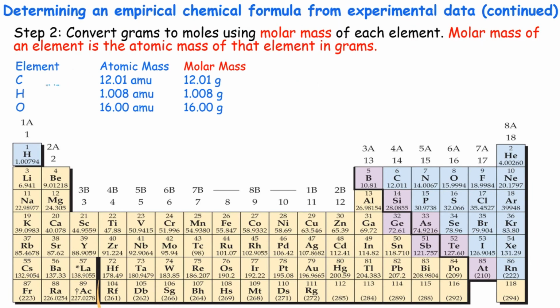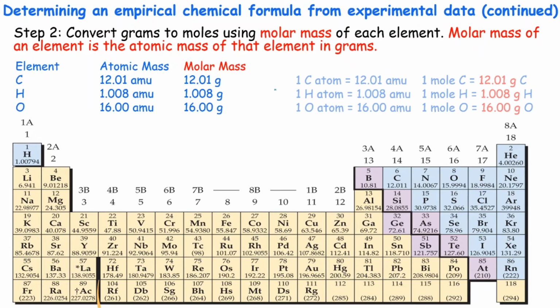Now, if we look at carbon, that's 12.01 AMU. That's the atomic mass. Then the molar mass is the same number, but in grams. And you do the same for hydrogen and oxygen. You can easily get those values from a copy of the periodic table. Now, what does the molar mass mean? The atomic mass means one carbon atom weighs 12.01 AMU.